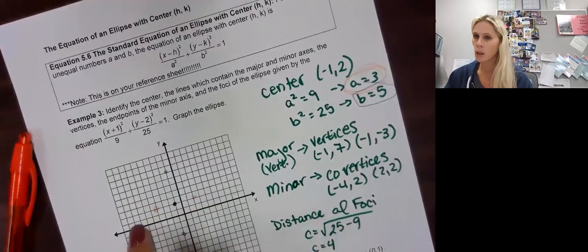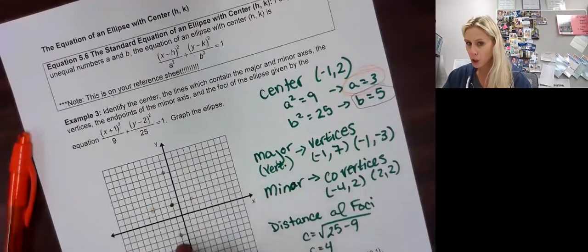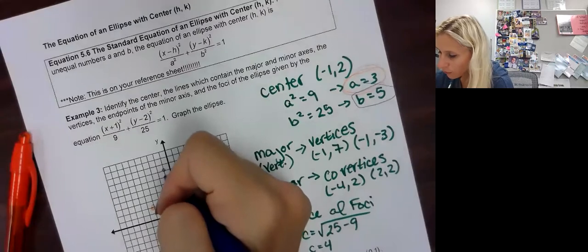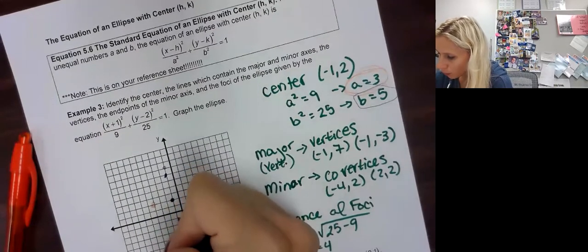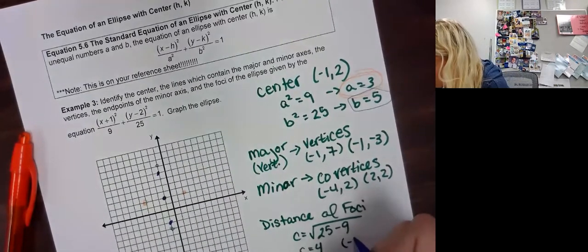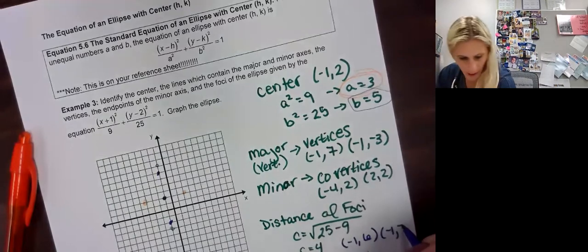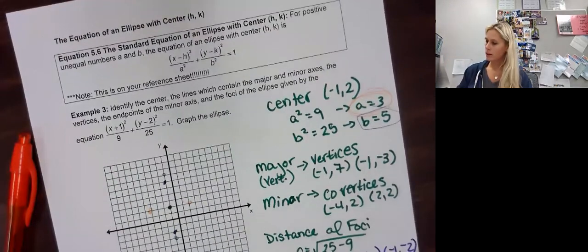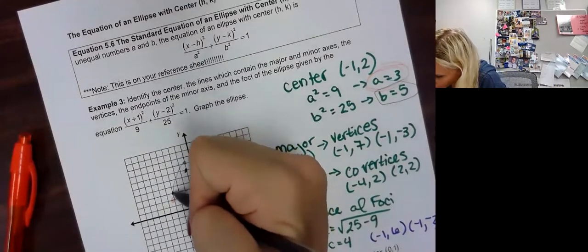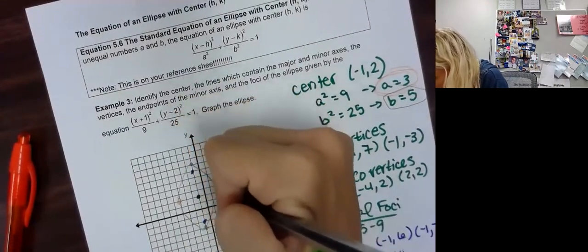They automatically want to go horizontal. You want to go on the major axis. Our major axis is vertical. So I'm going to go 4 from the center. 1, 2, 3, 4, and there's foci 1. 1, 2, 3, 4, there's foci 2. So it's -1, 6, and -1, -2. And then of course on our graph we could put this together if we absolutely had to. Of course I can't draw.